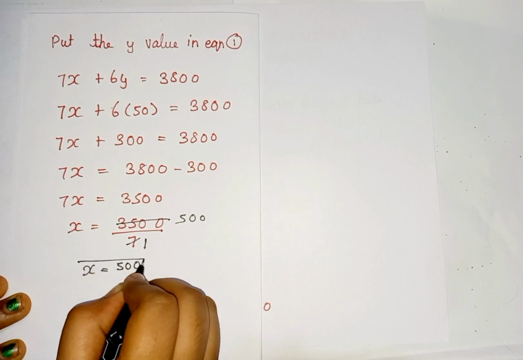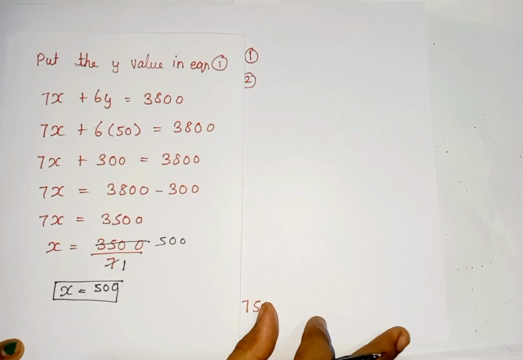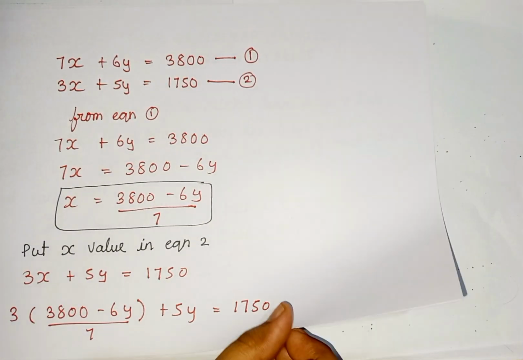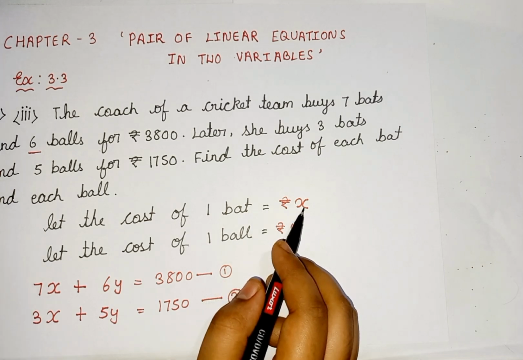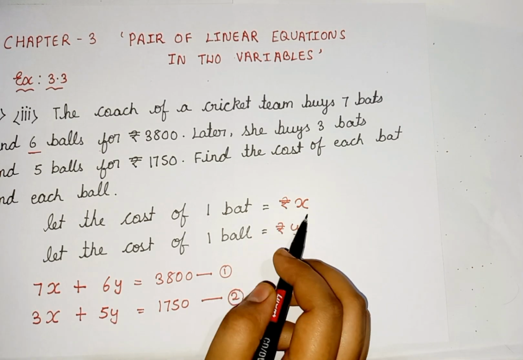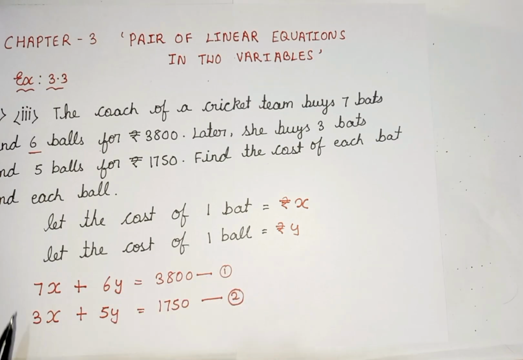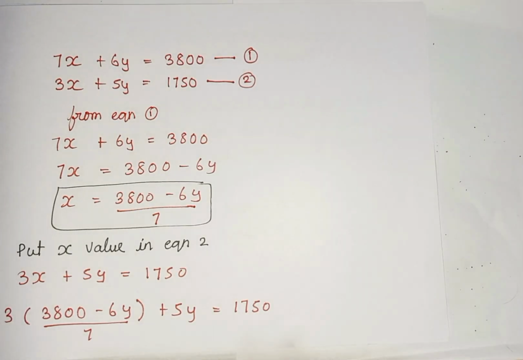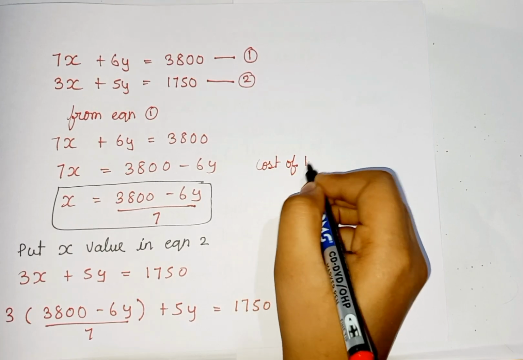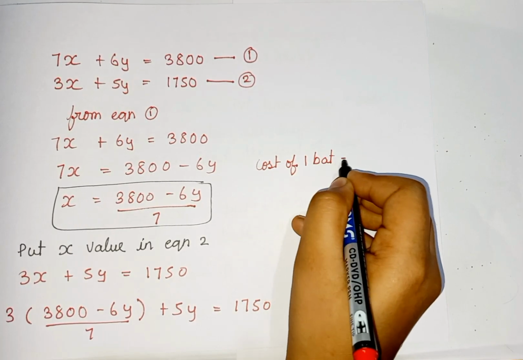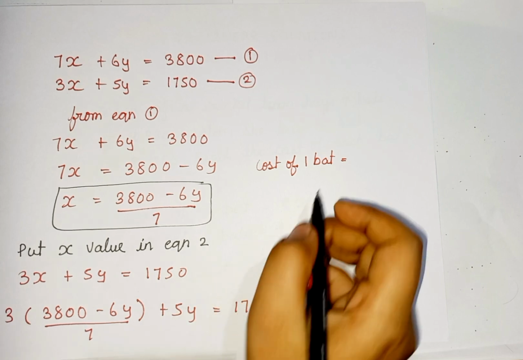So finally we got to know the rupees, right? According to the question, we took the cost of 1 bat, let it be rupees x. So finally we got the x value, isn't it? Then I can say, one second, I'll write here: the cost of 1 bat is equal to rupees 500.